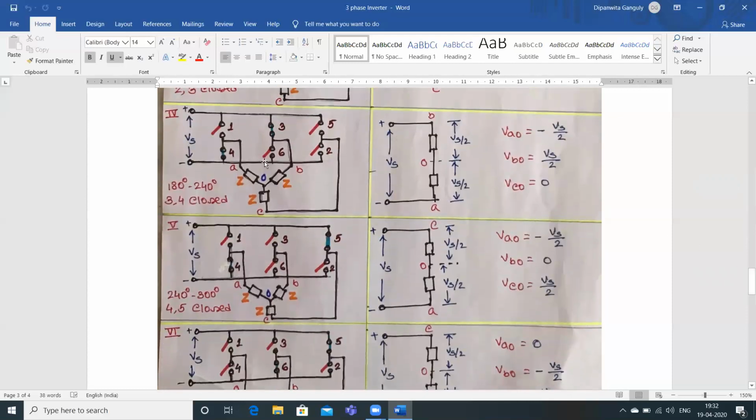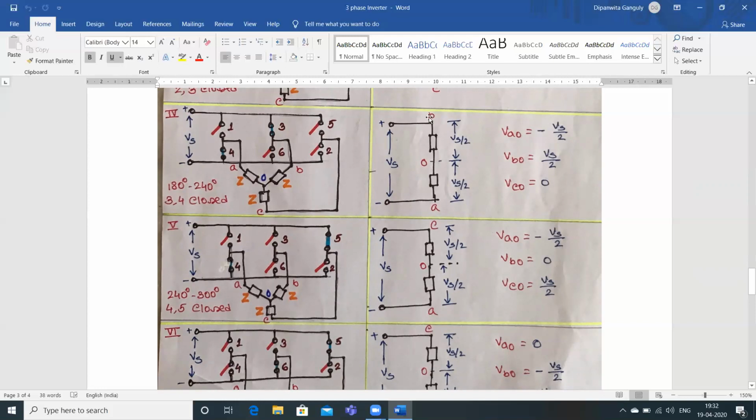In stage 4, 3 and 4 are on for the 180 degree to 240 degree mode of operation. Here phase A is connected with the negative terminal of the source and phase B is connected with the positive terminal of the source, and C is not connected with the source.